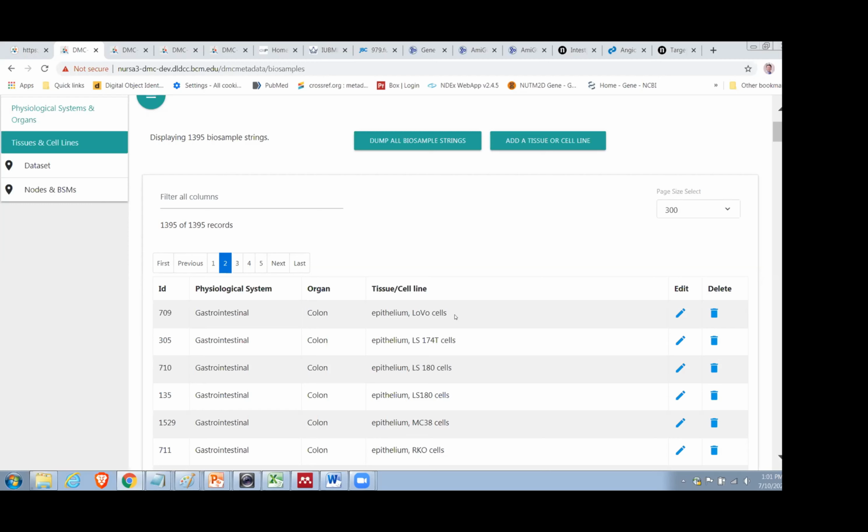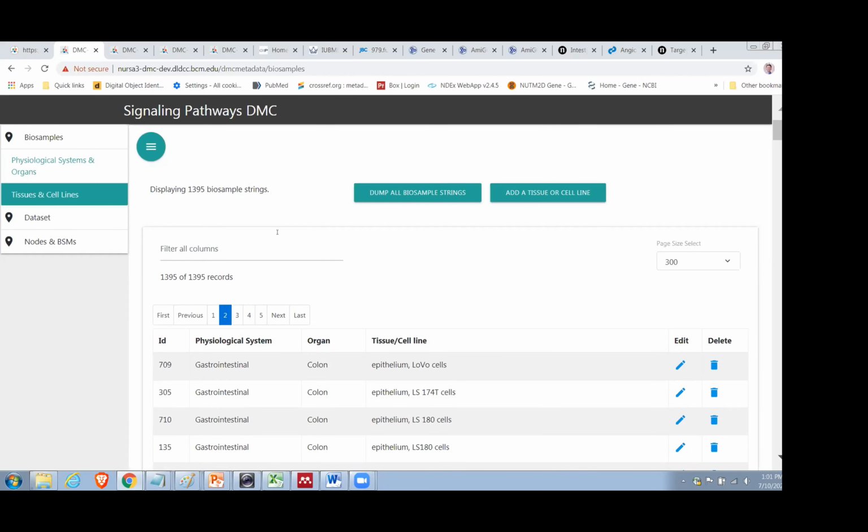If we can use ontology terms wherever possible, those terms are maintained by an independent third party, which makes it much easier for other resources to retrieve exactly what they need from our resource. So that's tissues and cell lines.